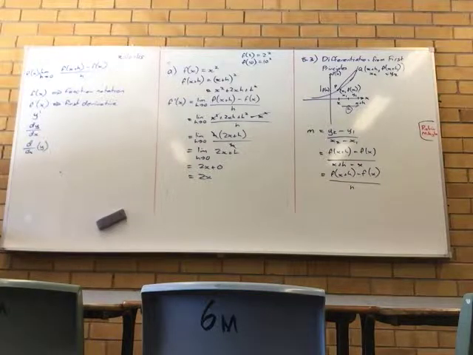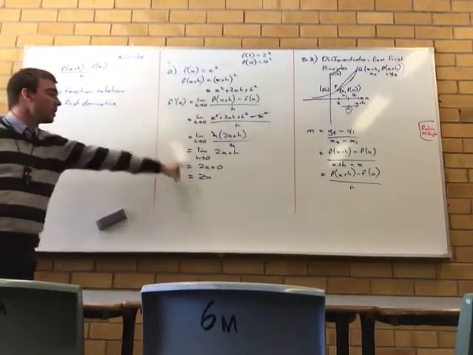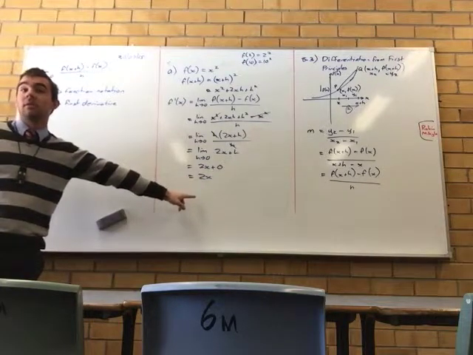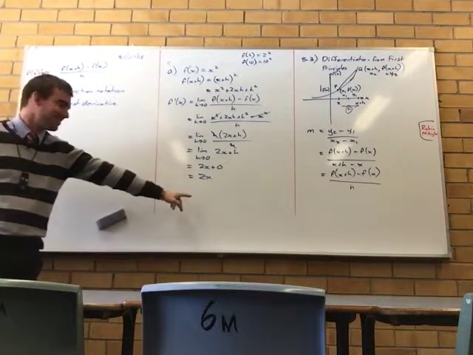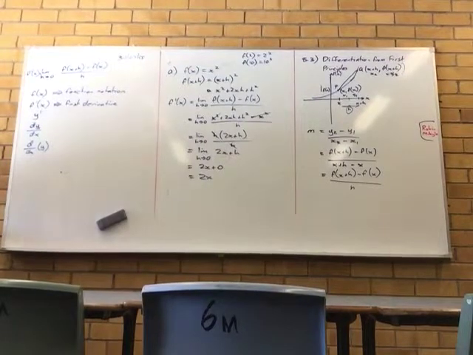What was the x value of the point A? x equals 1. f dash of x equals 2 times 1, which is 2, and that's your gradient of the tangent.